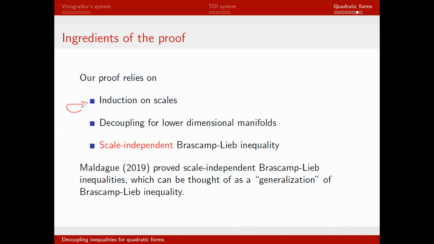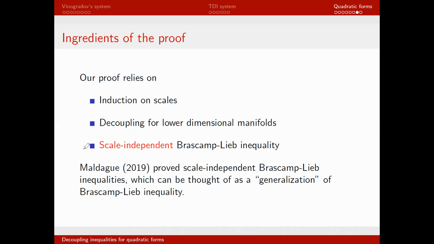We still use induction on scales, and this is somehow similar to what Bourgain and Guth did in their work. And our manifold is a multi-dimensional manifold. So at some step, we use decouplings for lower dimensional manifolds. And the last ingredient is very crucial in our work. We used the scale-independent Brascamp-Lieb inequality. And this is proved by Dominique Maldague.